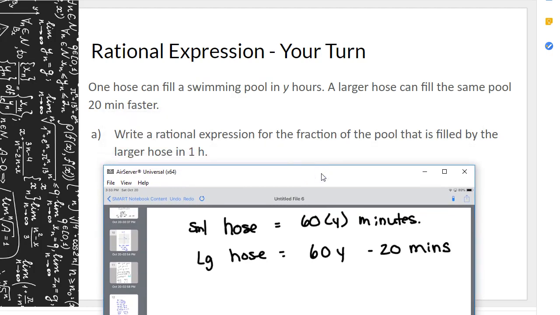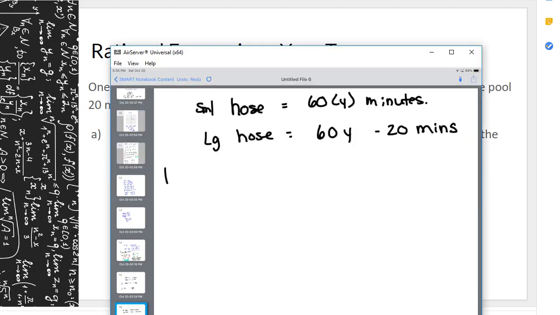Now, write a rational expression for the fraction of the pool that is filled by the larger hose in 1 hour. We need to be careful because we changed everything to minutes, so in 1 hour we're actually looking at 60 minutes. So think about it this way. If we're using the small hose, and it takes 4 hours to fill the pool, well, that would be 60 times 4, so 240 minutes to fill the pool.